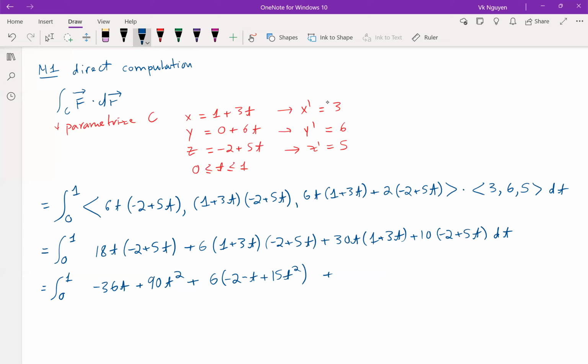Okay. 30t plus 90t squared. Oh, they don't cancel out. What? Minus 20 plus 50t. Okay. dt.